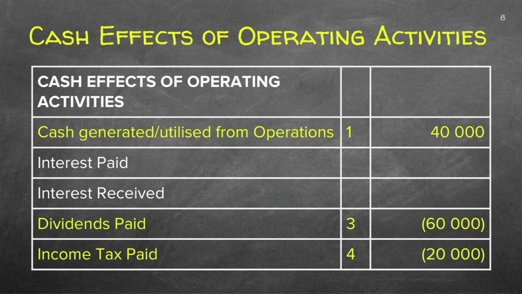So let's have a look and see. What I'm dealing with is in yellow, and so cash generated from operations. If I had used more money or utilized money, obviously that amount would be in brackets, but in this instance, we have generated money or we have made money. So there's my note number 1.